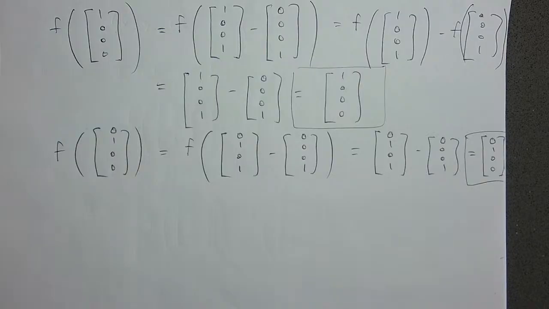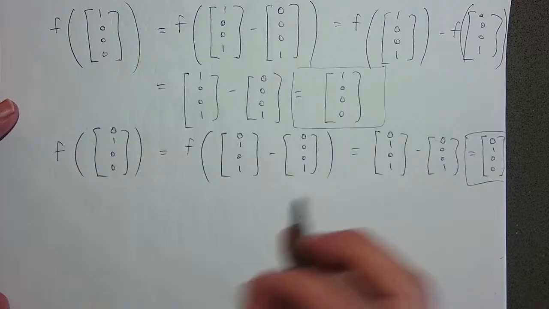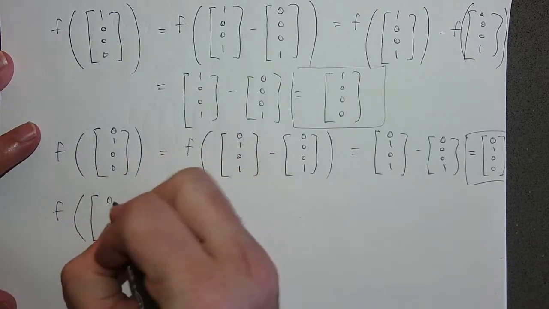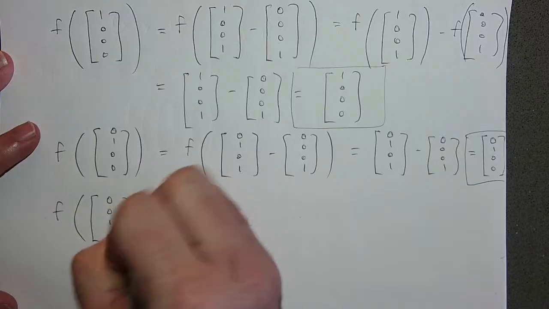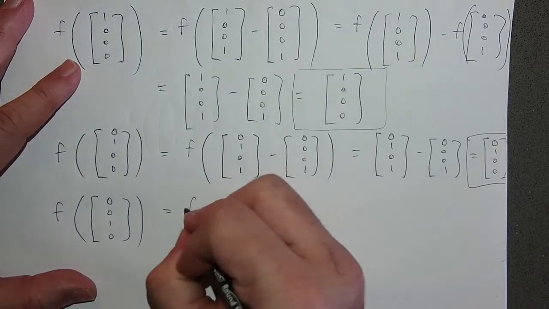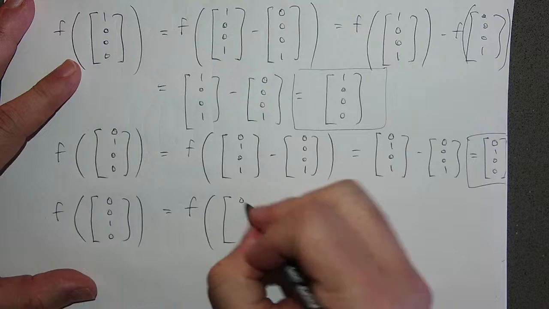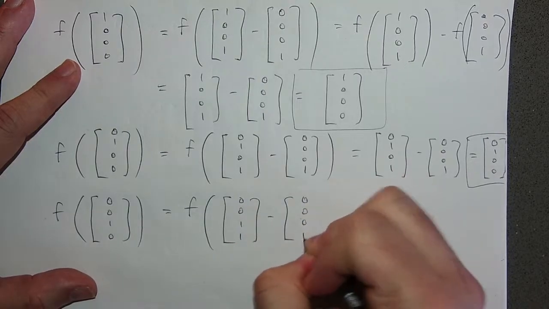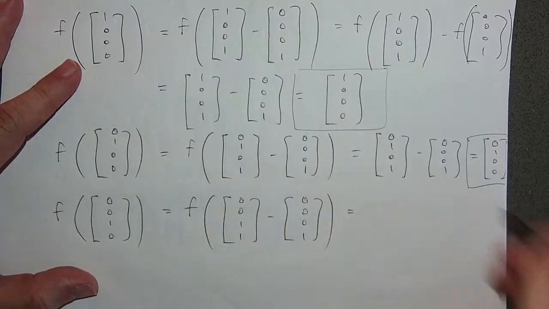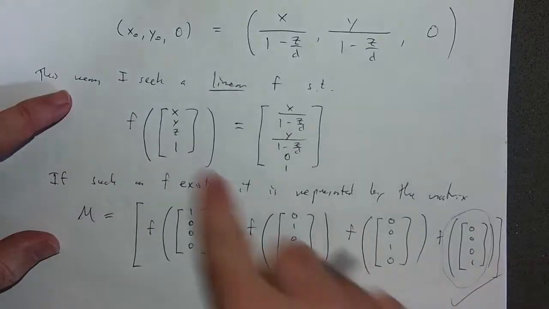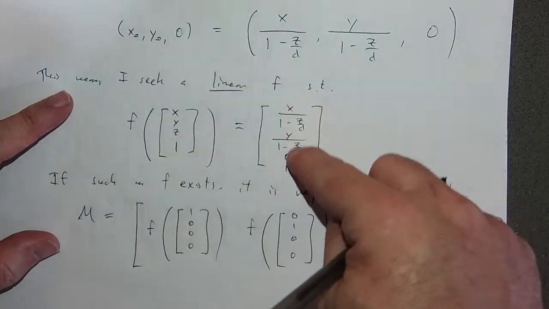Okay. What about f? This is the last one I've got to find. f of 0, 0, 1, 0. This is f of 0, 0, 1, 1 minus 0, 0, 0, 1. What does f do to 0, 0, 1, 1? 0, 0, 1, 1 gets sent to 0, 0, 0, 1.